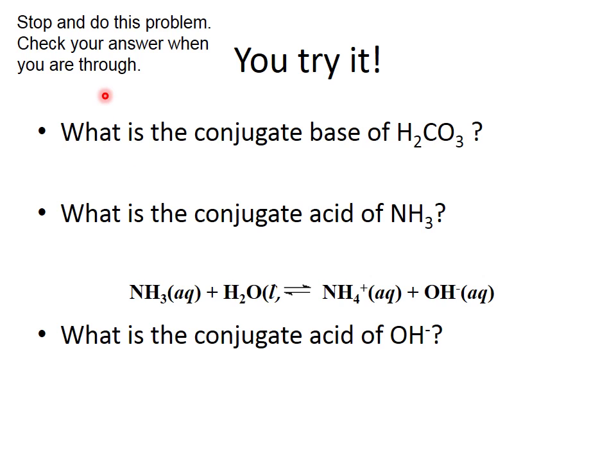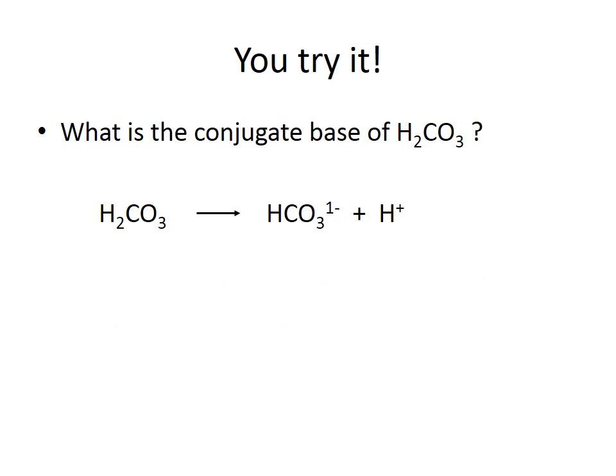So now, knowing this, you figure it out. What is a conjugate base of carbonic acid? To make the conjugate base of carbonic acid, all we have to do is remove a proton. So you remove a hydrogen and you remove a positive charge, that leaves a negative. So what is the conjugate base of carbonic acid?